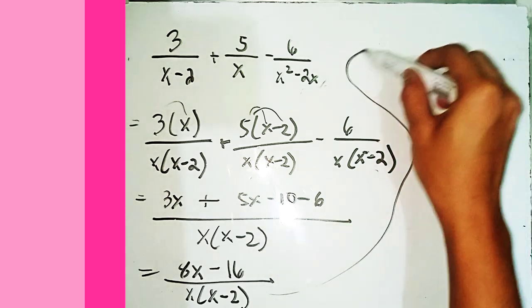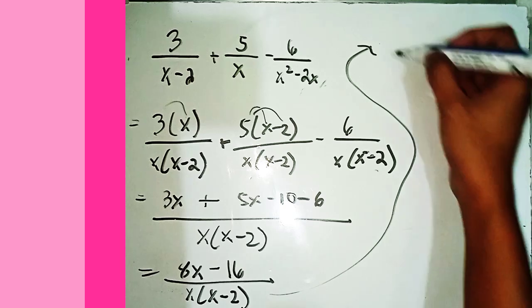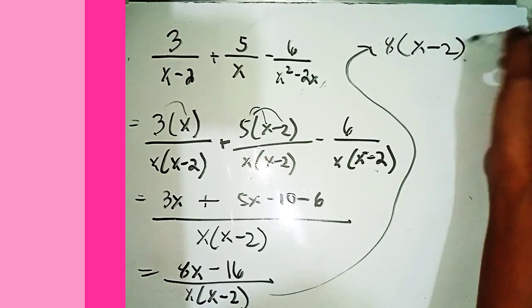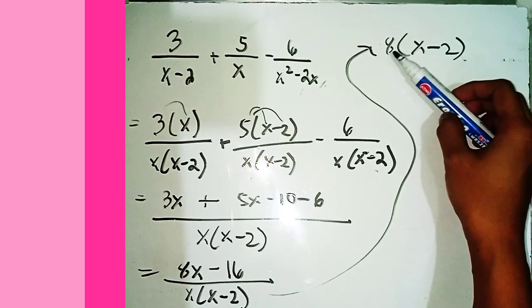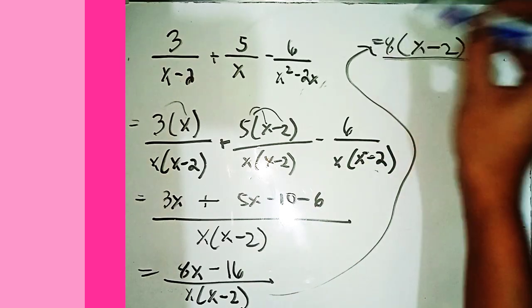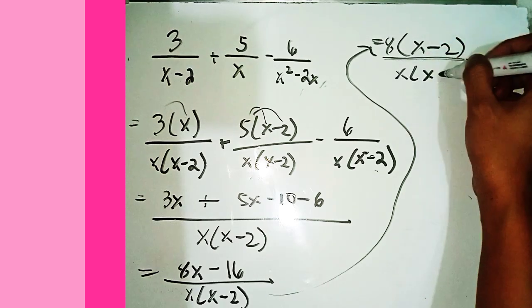The factor would be 8. So 8x divided by 8, that would be x, and 16 divided by 8, that would be negative 2, all over x minus 2.